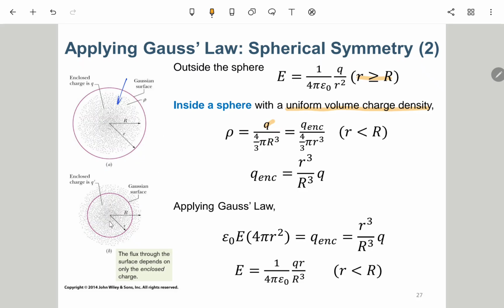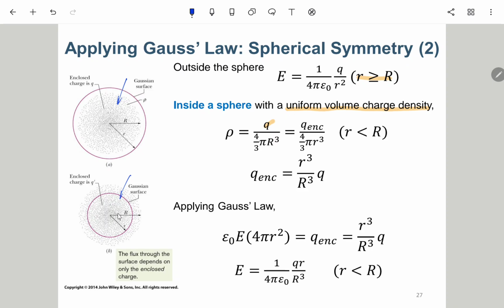Okay, so here we also define another Gaussian surface with a radius r which is smaller than capital R. Inside this Gaussian surface, we have Q enclosed, because we need to apply the Gauss law for this Gaussian surface. So we need to consider the Q enclosed by this Gaussian surface.